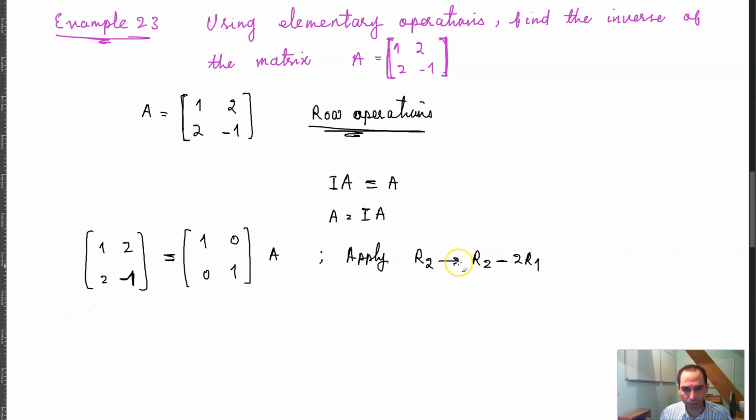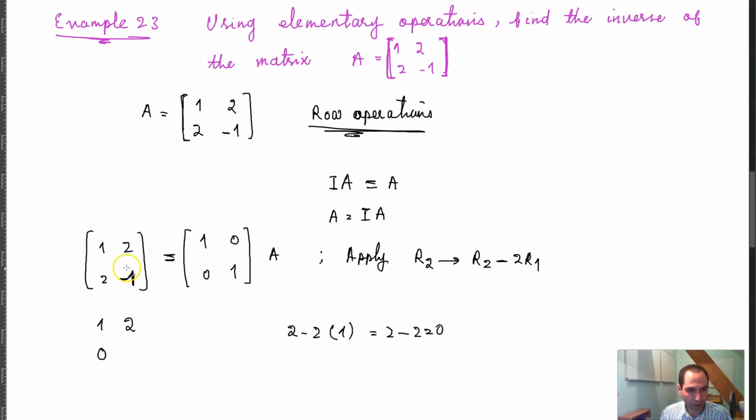So if I apply this, what I will get is, the first row of course remains the first row, since I'm not making any changes to the first row, so I write it as 1, 2. And the second row becomes this 2 becomes 2 minus 2 times the corresponding element in row 1, which is 1. 2 minus 2 is equal to 0.